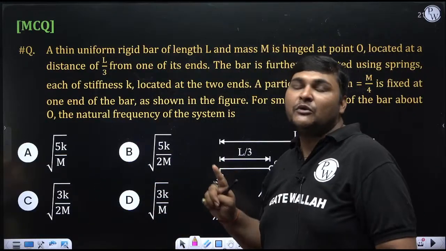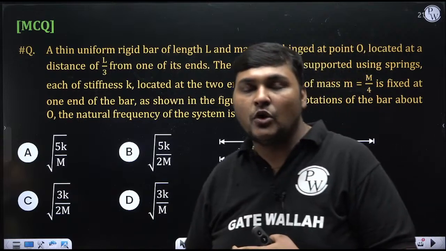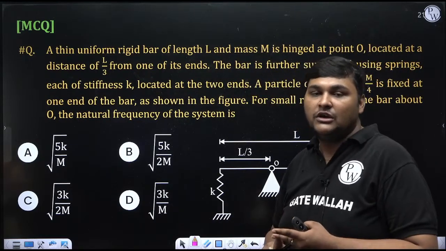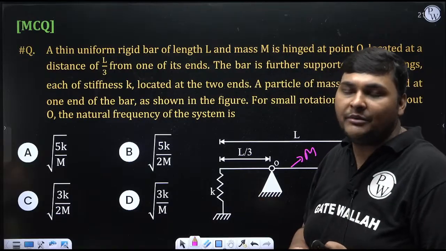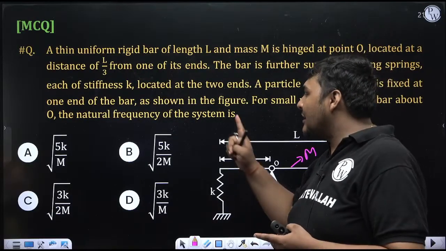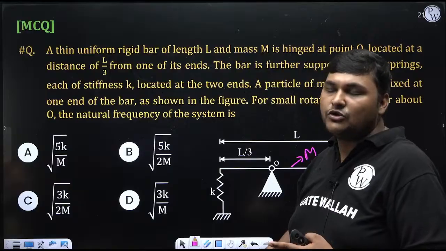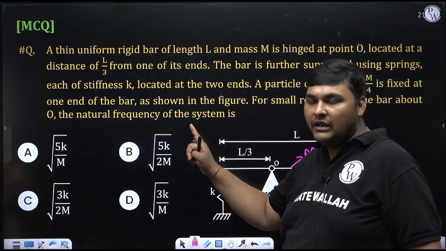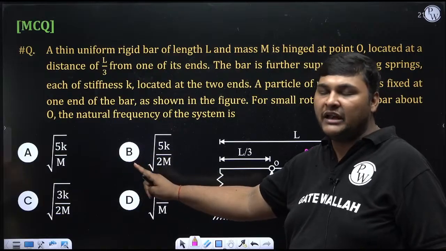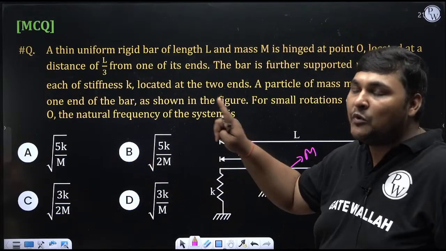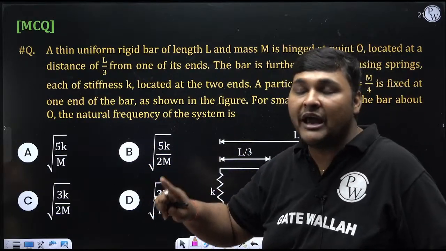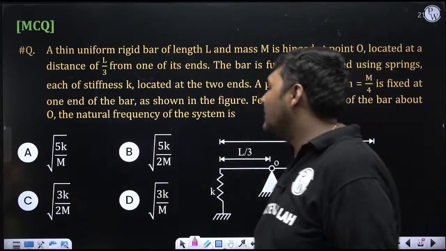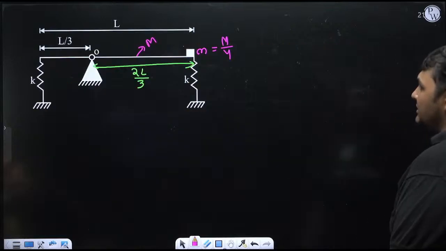If frequency in radian per second is not mentioned in the options, it is 100% sure the examiner will mention frequency in hertz, because an incorrect question cannot come in the exam. So either the examiner will ask in radian per second or in hertz, and only one option will be there. So first calculate omega n in radian per second. If that is in the options, tick that. If not, then calculate frequency in hertz. Right now I am first calculating omega, that is, frequency in radian per second.